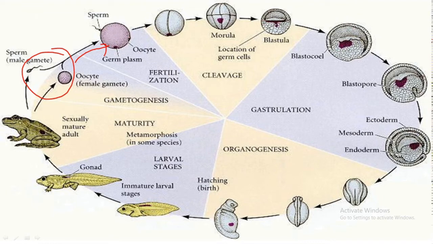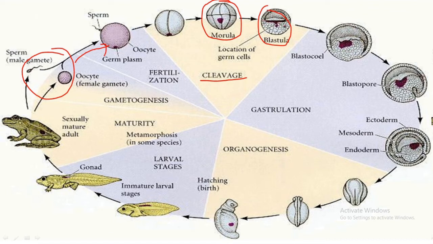This zygote then enters into segmentation, which we call cleavage, and finally forms a multiple cell stage, which we call morula. After that the morula enters another embryonic stage, which we call blastula.